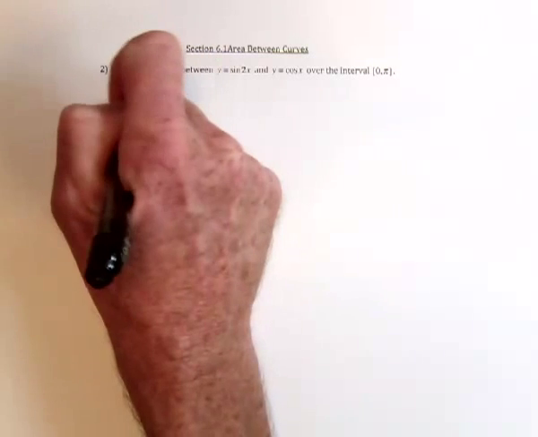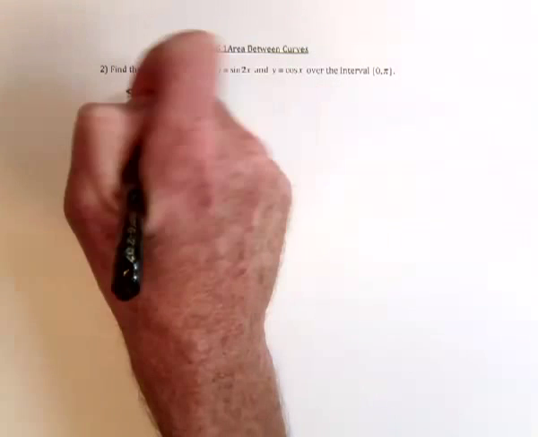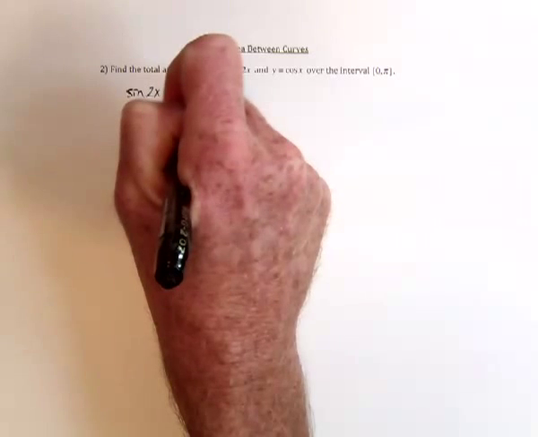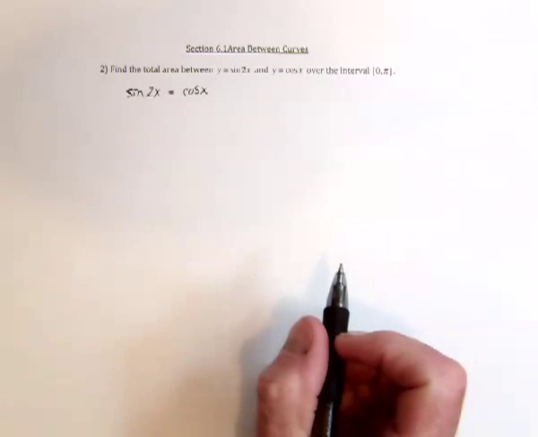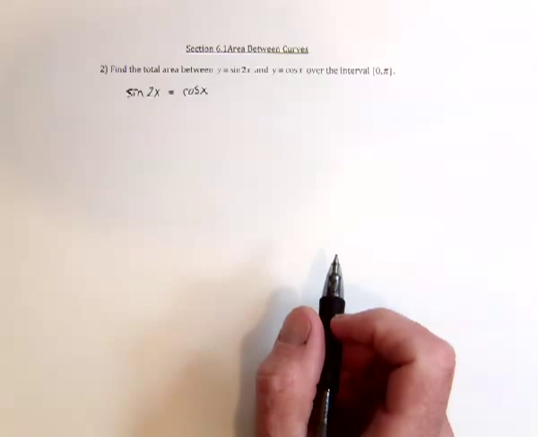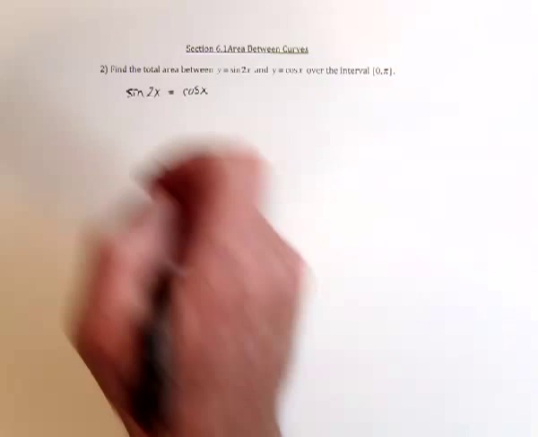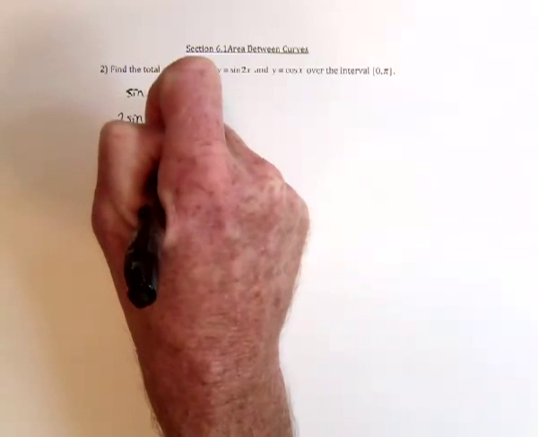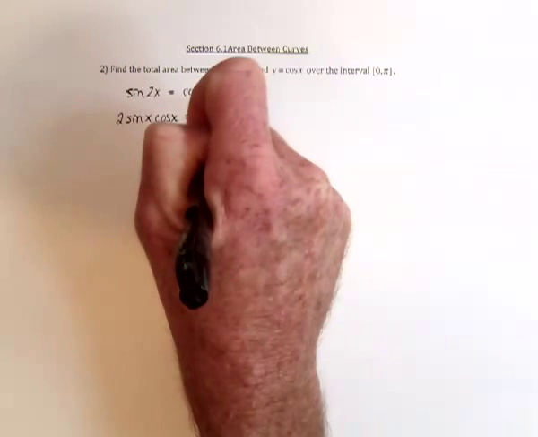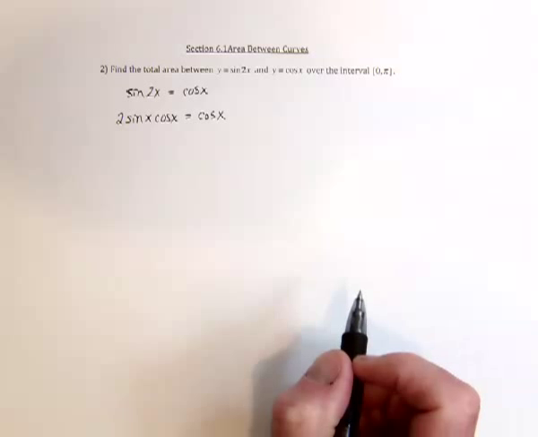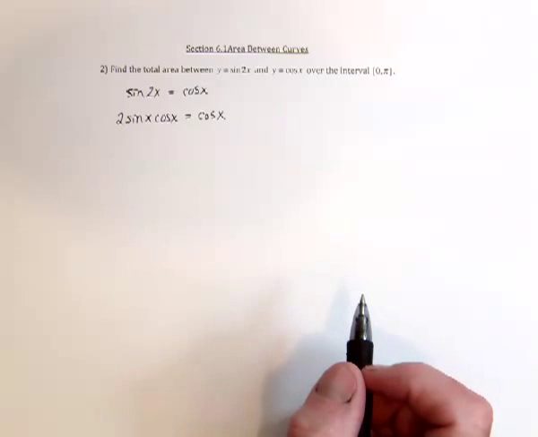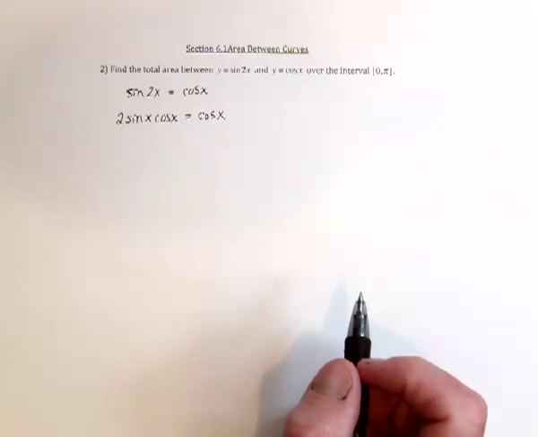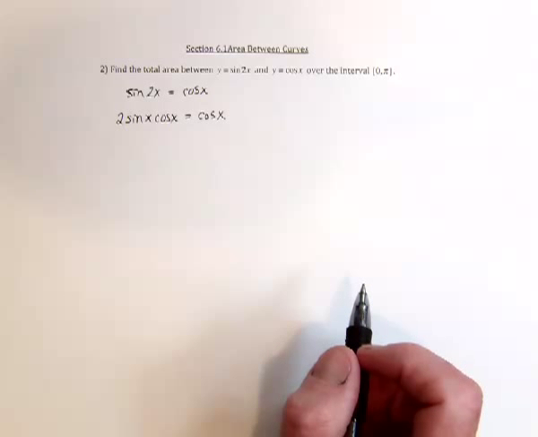So set them equal to each other. When does sine of 2x equal cosine of x? And then use a trig substitution for the sine of 2x, namely 2 sine of x times cosine of x. And it's tempting to divide out a cosine, but if cosine ever equals 0, you would be dividing by 0.